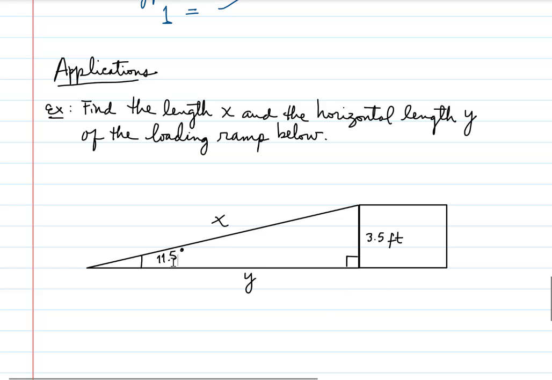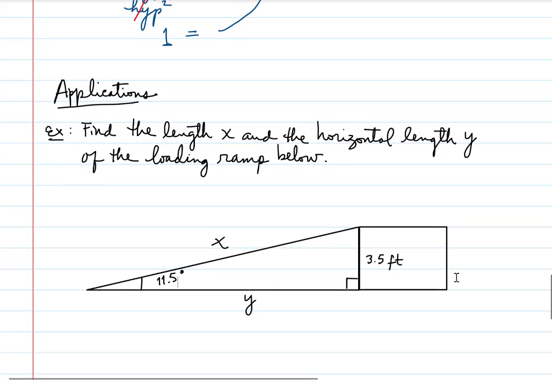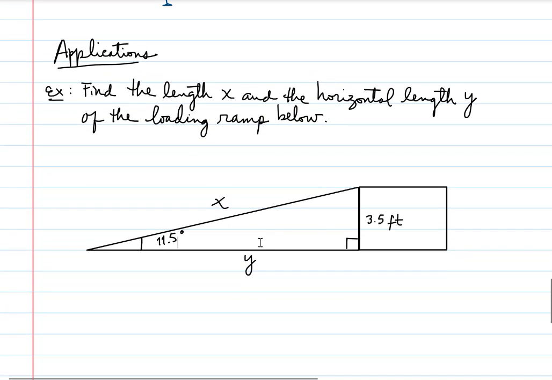We wouldn't even need this angle, because we can use the Pythagorean theorem. Remember, if we have a right triangle and we have 2 sides, I can always find the third side with the Pythagorean theorem. But the problem is that I don't have 2 sides, I only have one, and I'm asked to find the other 2. So here's where the trig comes in, and then of course you have to have this angle here.